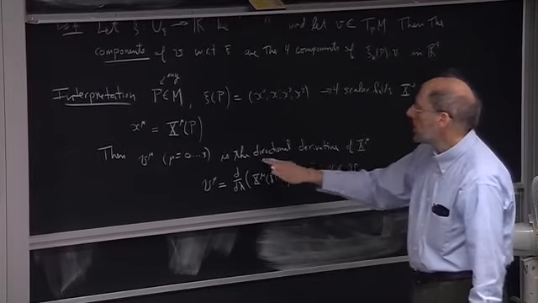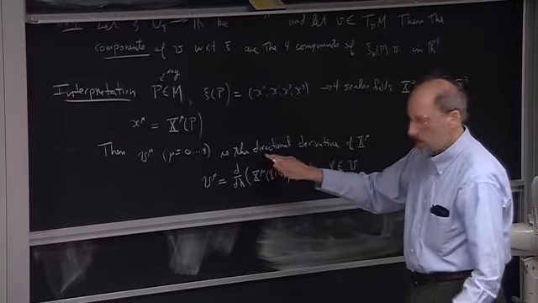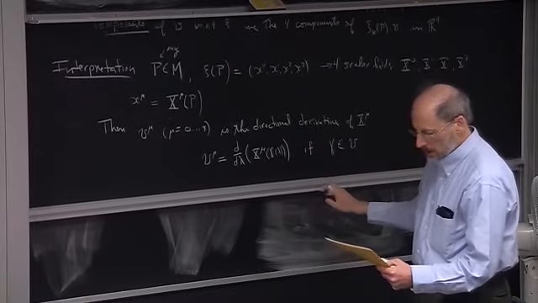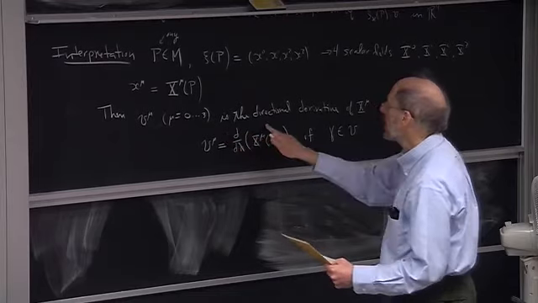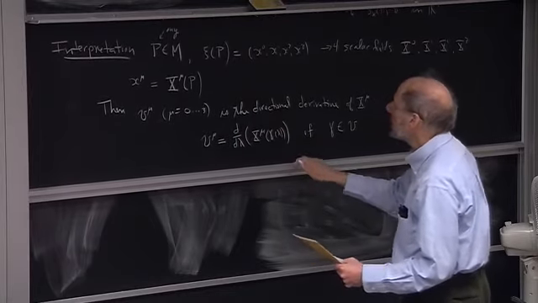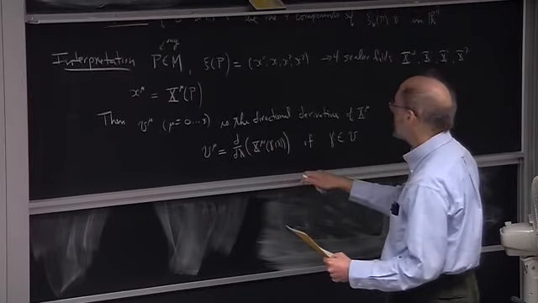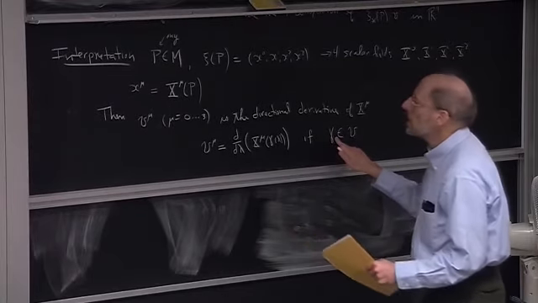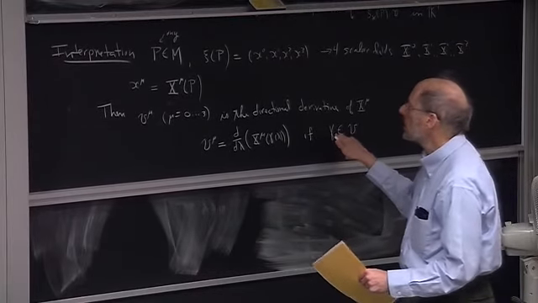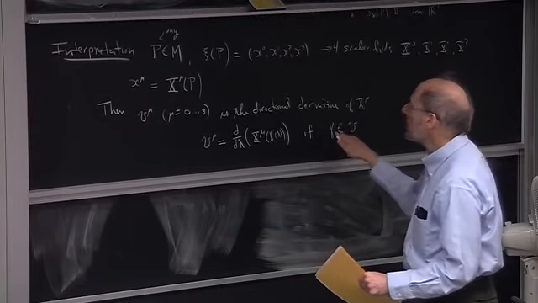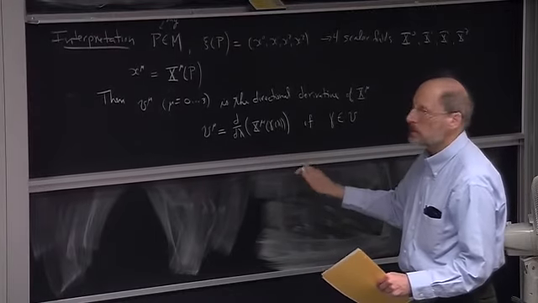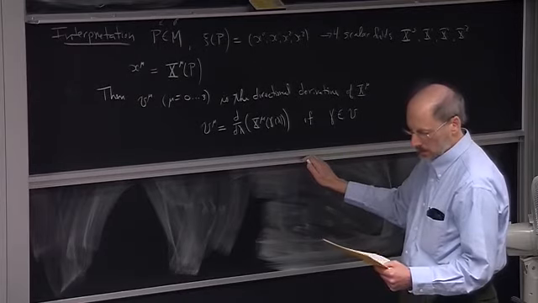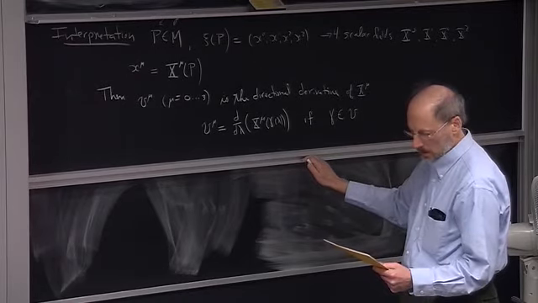So the mu's component, this is what you're used to, right? It means that the mu's component of the vector is just the gradient. If the vector is a tangent vector to the curve gamma, then its mu's component is just the gradient of the mu's coordinate along the curve gamma.